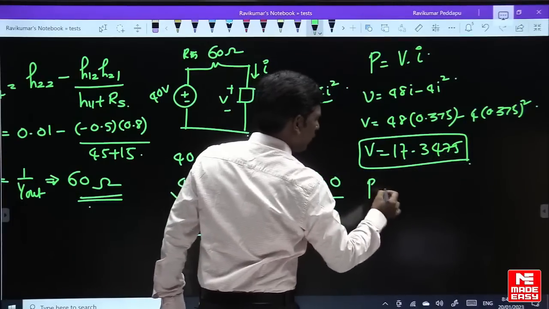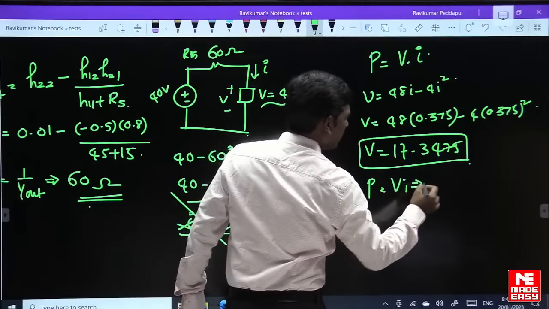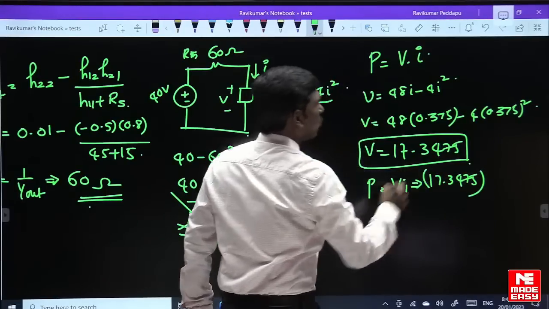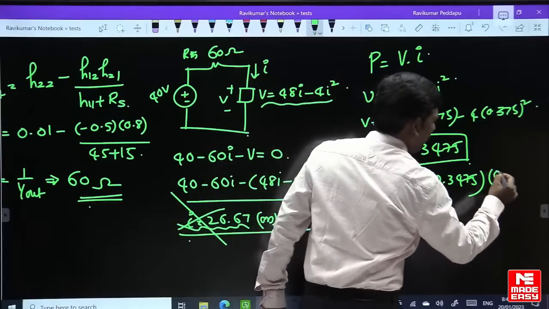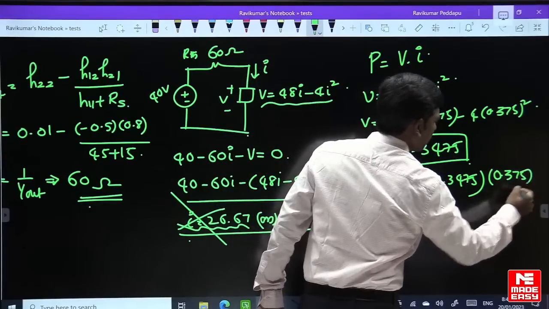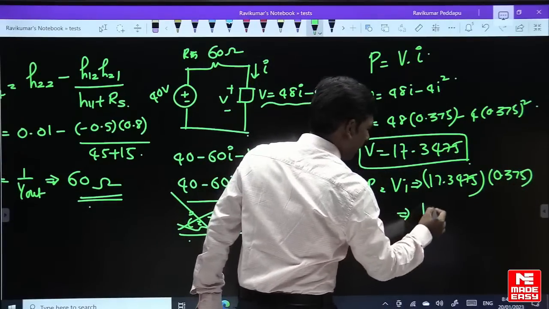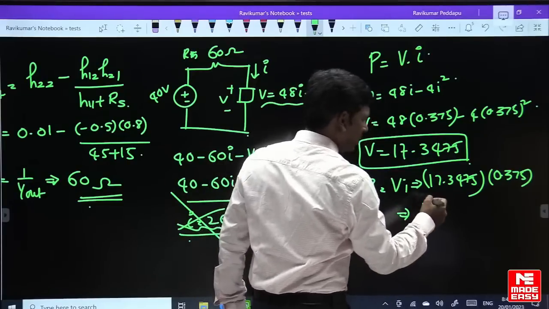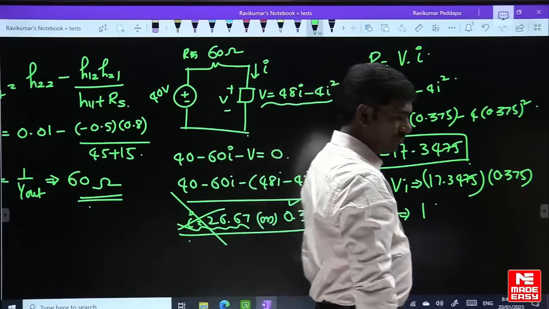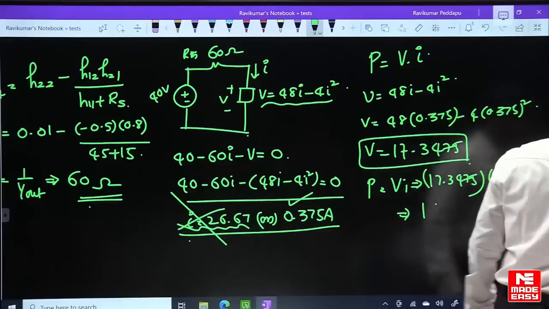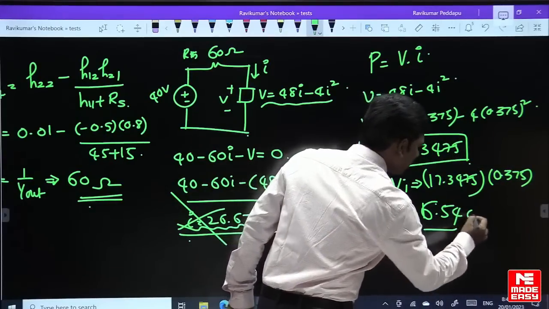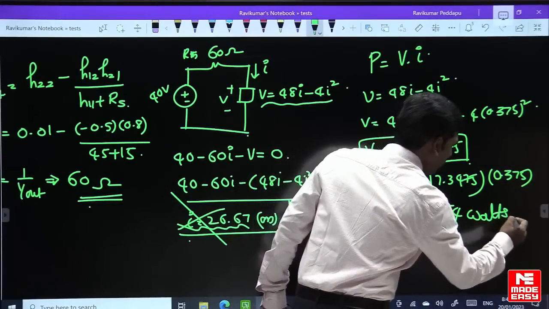So P is equal to V into I, 17.3475 into 0.375, nearly equal to 6.54 watts. The answer is 6.54 watts.